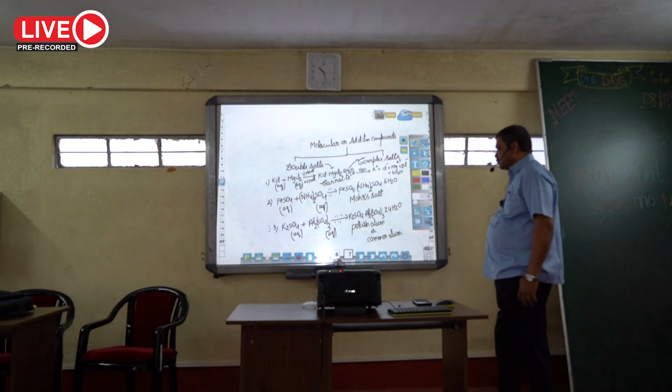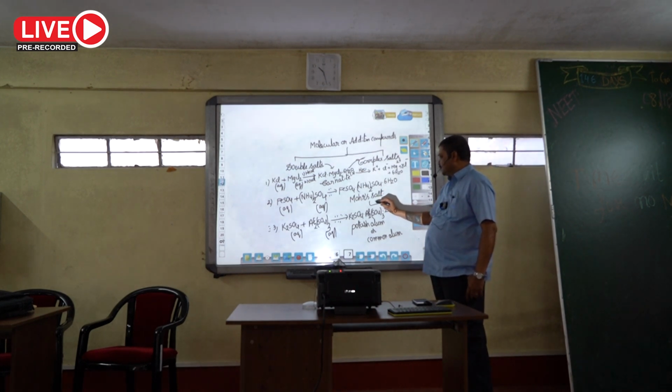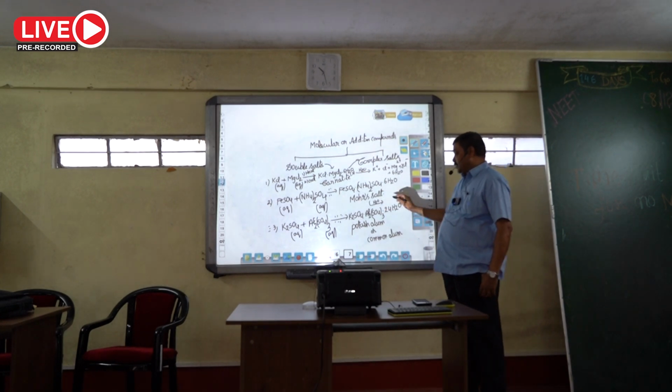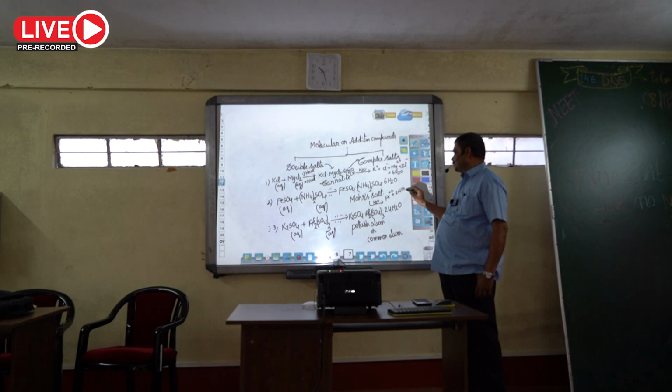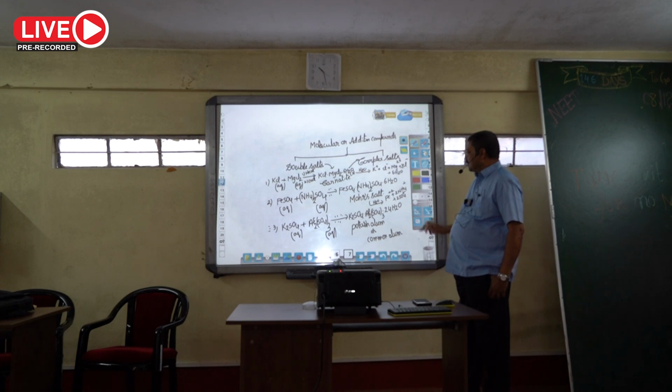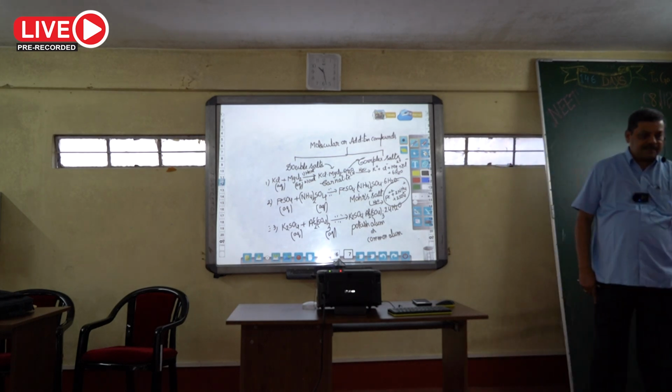Suppose you dissolve Mohr's salt in water, it breaks into ferrous ions plus ammonium ions plus 2 sulfate ions. So Mohr's salt when dissolved in water breaks into how many component ions?